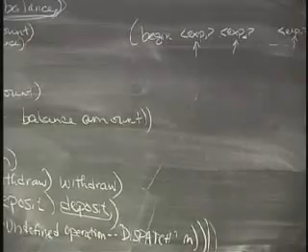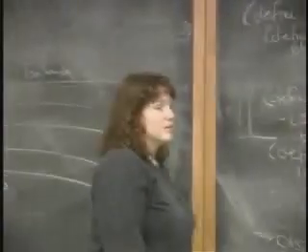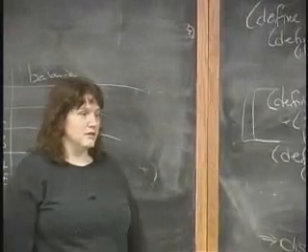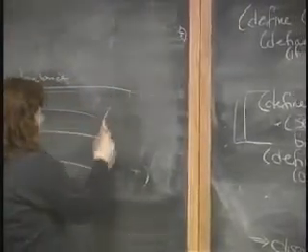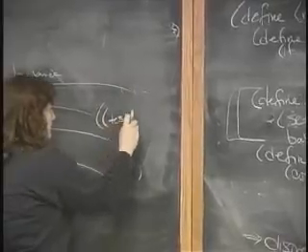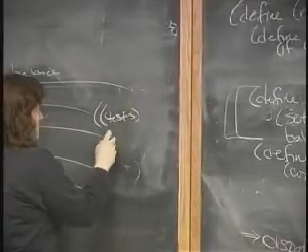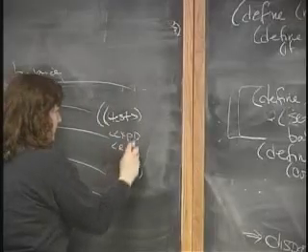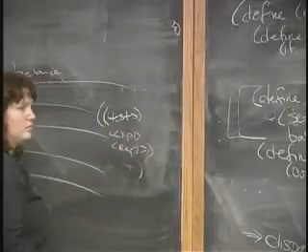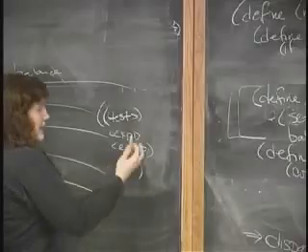Yes? Consequences also require begin? No, the cond doesn't. Because remember, in the cond, we can have multiple things. So in the cond, we have some sort of test, and then we can do any number of expressions we want here. So the cond, in fact, has an implicit begin in it.